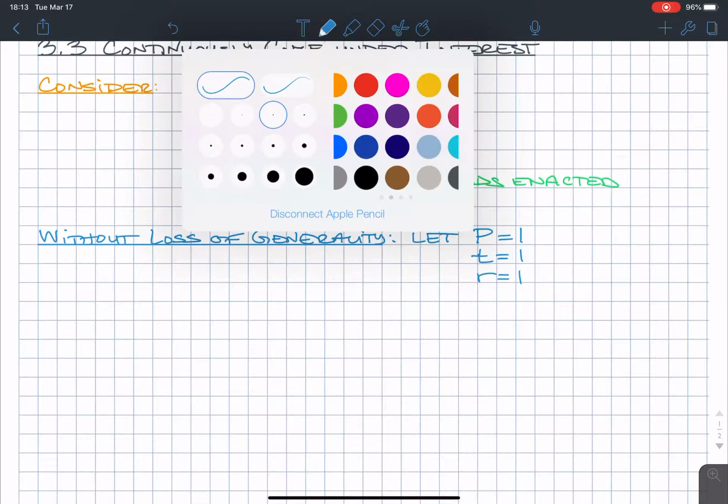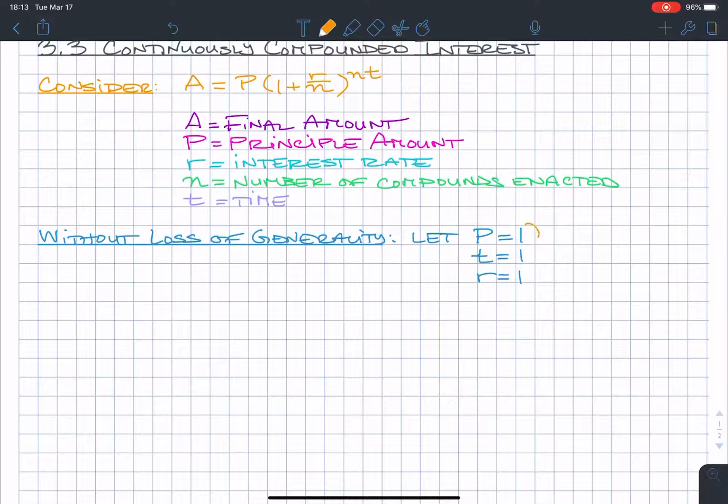So if I do that, then the formula above becomes A is equal to 1 times anything, which is just itself. So this becomes 1 plus 1 over n, raised to the n times 1, which is just n.